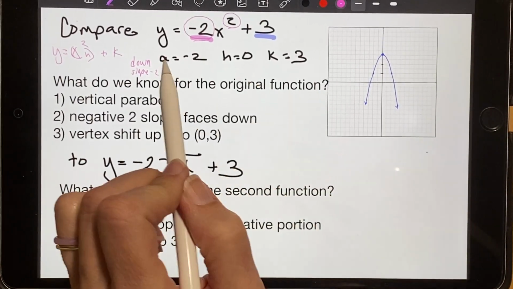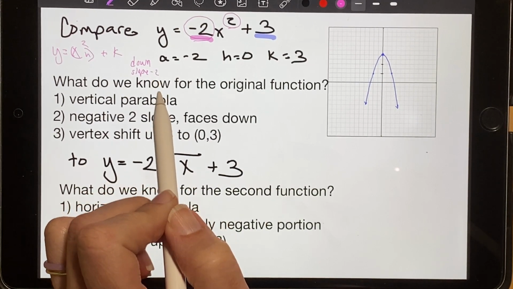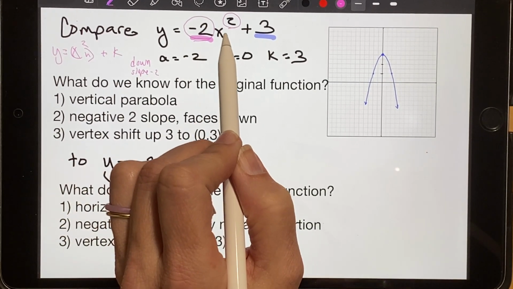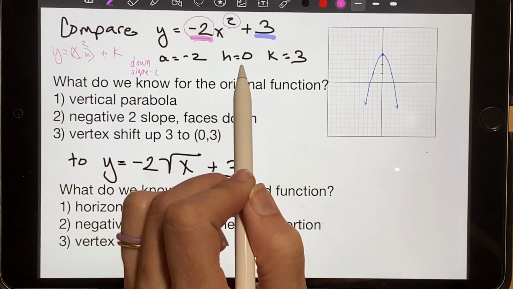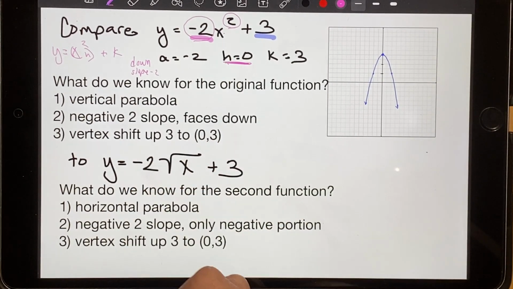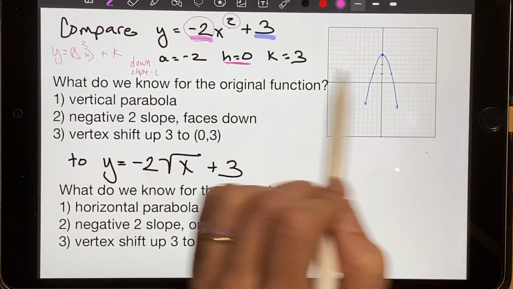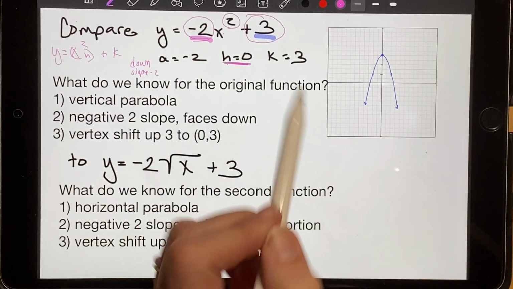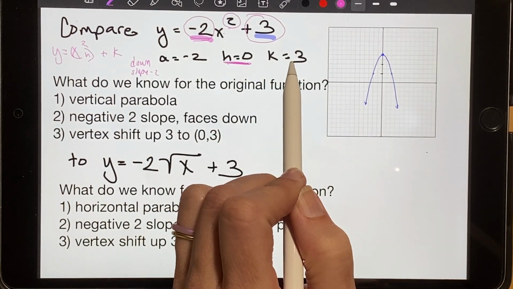Our slope is negative 2. That means from the point of the vertex, we're going to go down 2 over 1 to find those very first 2 points. We see that nothing has been added to x, so we have no translation for h, no movement along the x-axis there, and that we have a positive 3 out here, which is our k value.